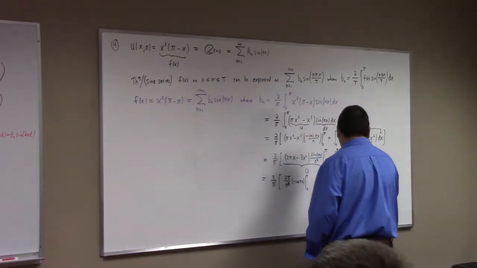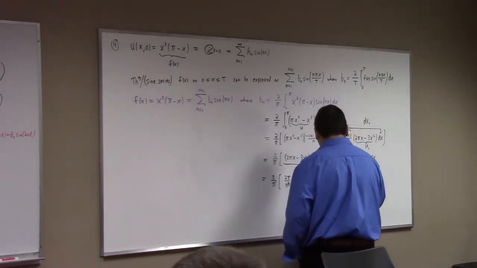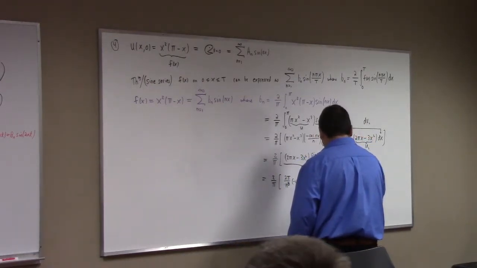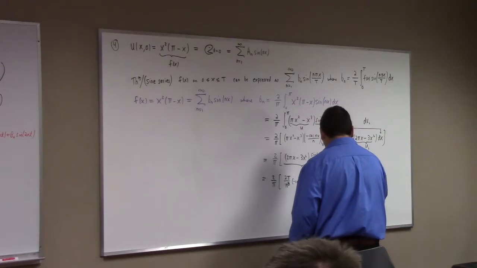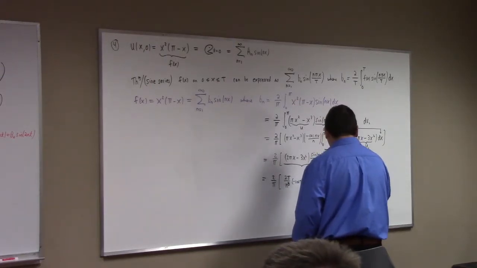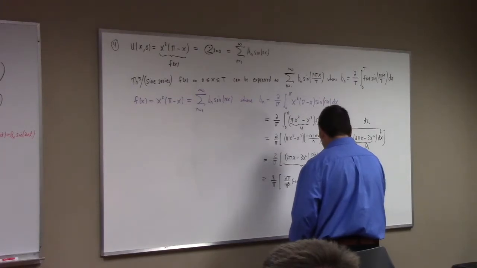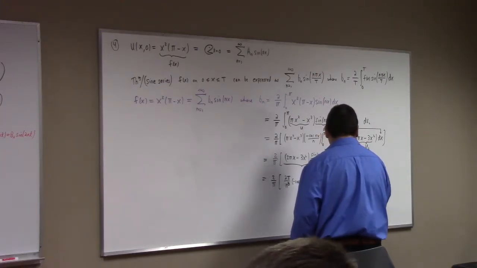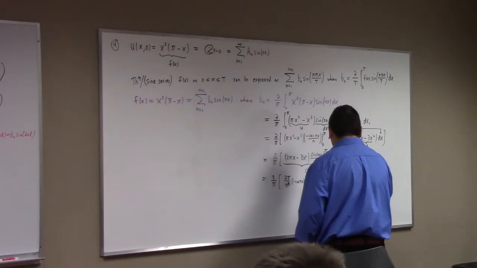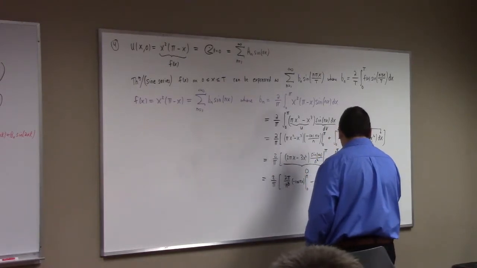I'm just integrating the first piece. And then minus the integral from 0 to pi of, excuse me, 6 over n squared, x sine nx dx.